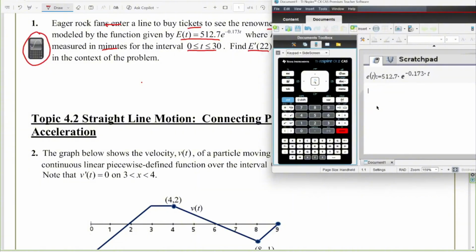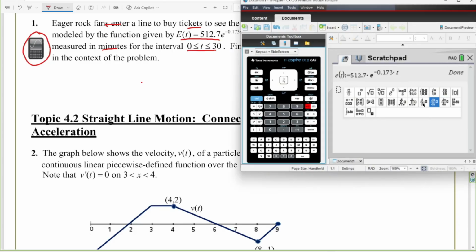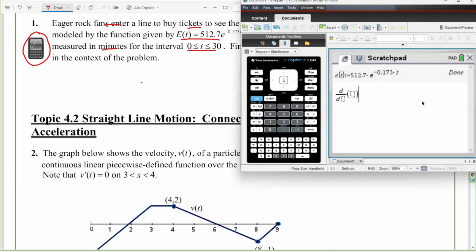Now we need to calculate E prime of 22, right? So we just press the button right here, derivative right here. So we take the derivative of this one with respect to t, right? And this one should be E of t.